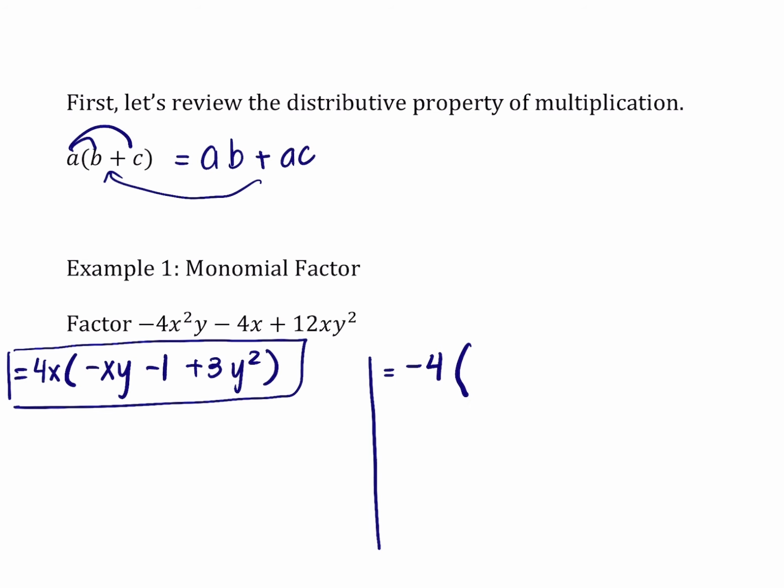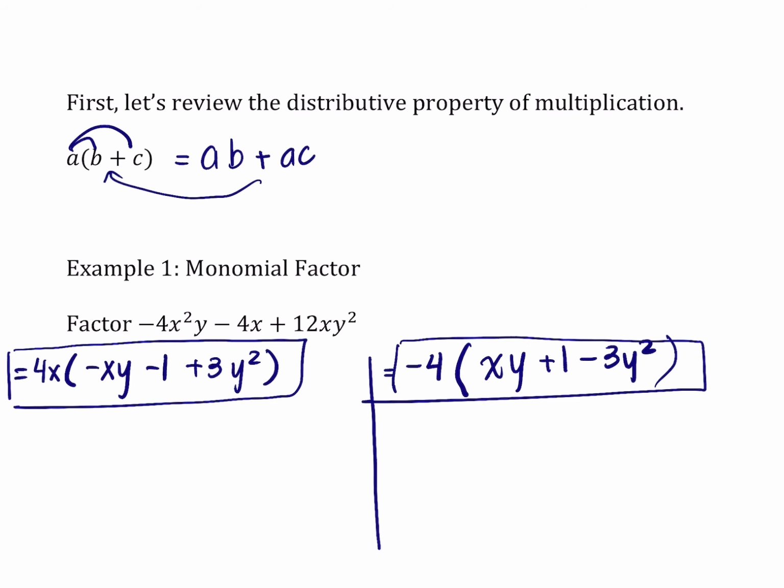That way I'll be left with xy. Now that this becomes a positive 1, and then we're left with negative 3y squared. You'll notice that it only changed the sign of everything on the inside. Both of these are perfectly fine factorizations. Moving on.